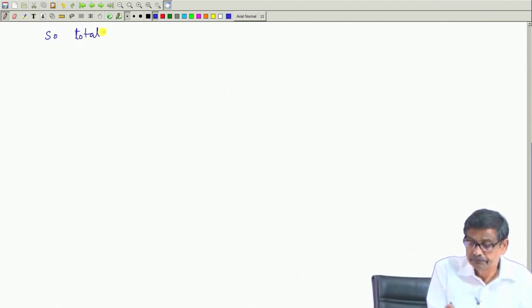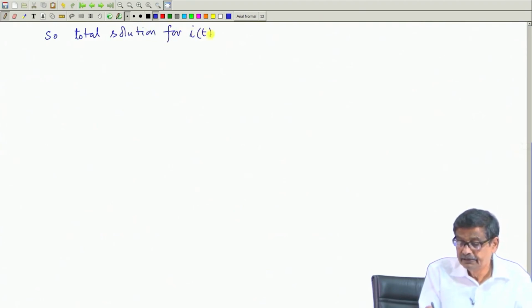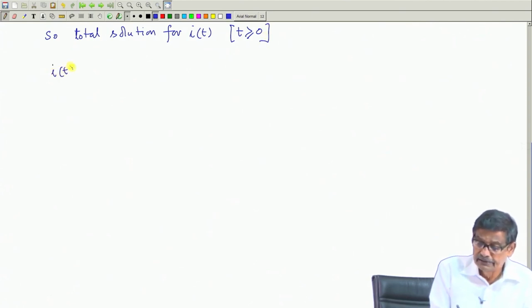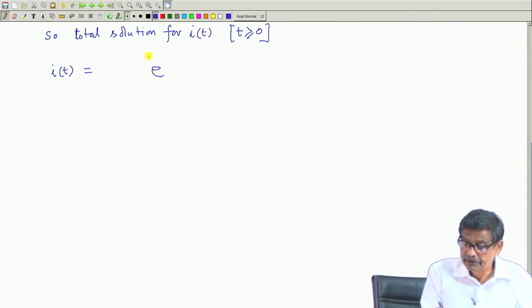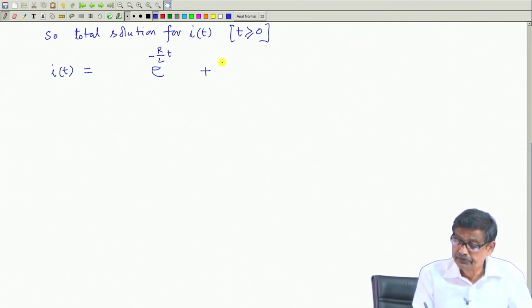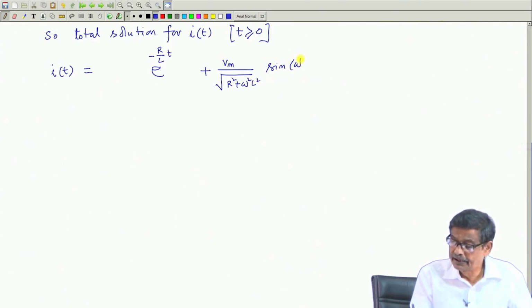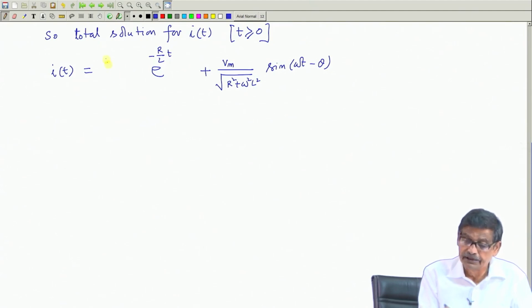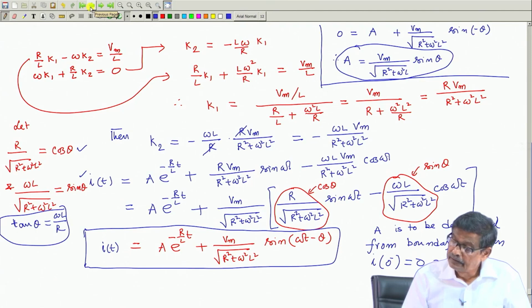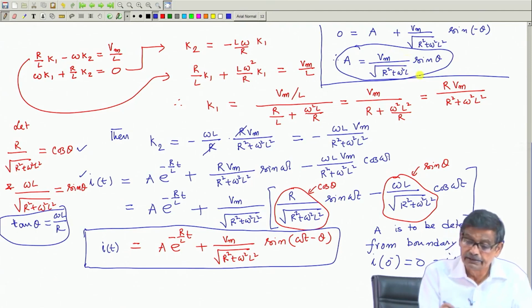Total solution for i of t, I mean I want to get the solution for t greater than or equal to 0, i of t is equal to some e to the power minus R by L into t plus the solution due to forcing function, V max over this thing into sin omega t minus theta, and here the value of the constant was found out to be V max by this into sin theta.